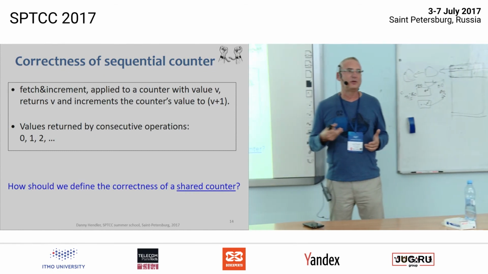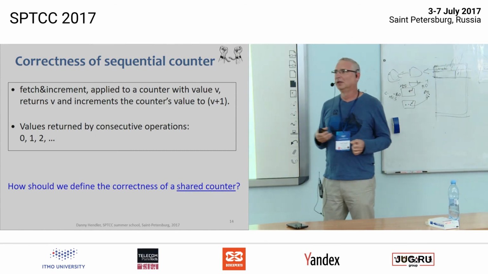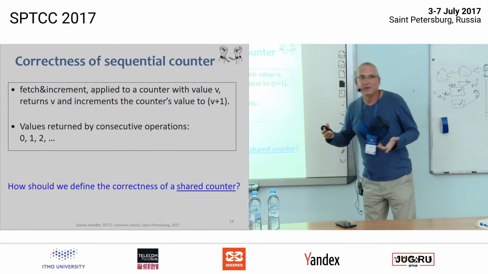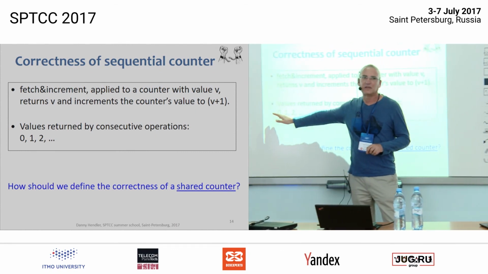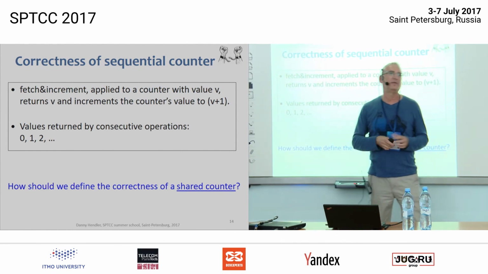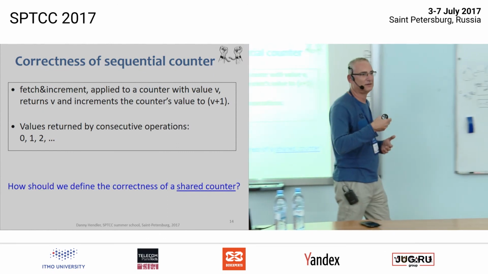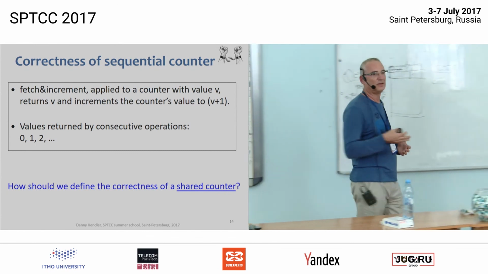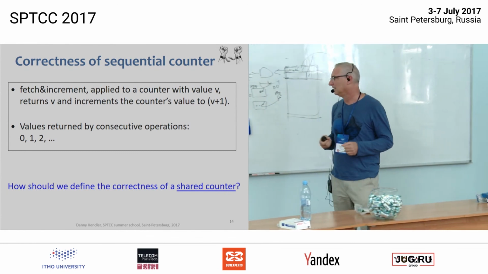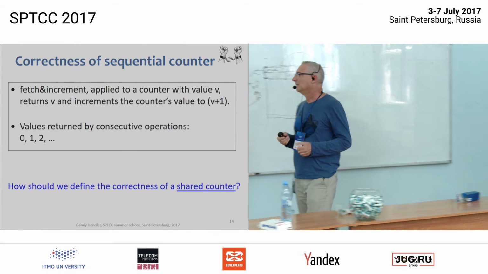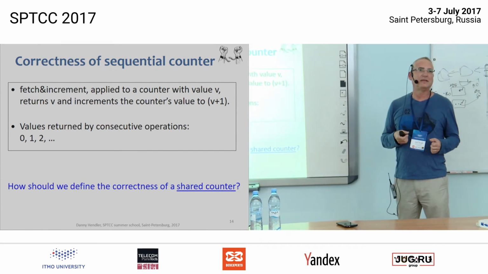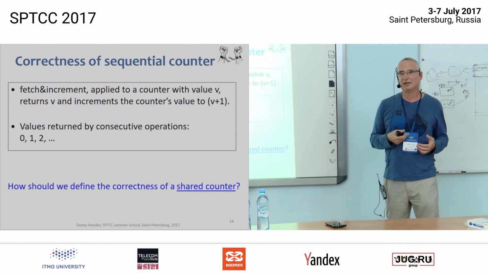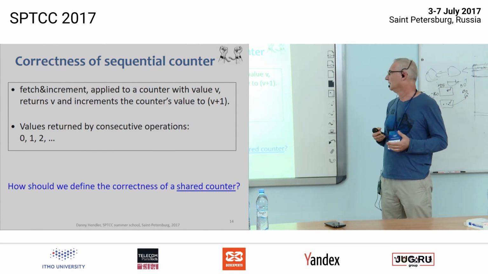So if we consider a sequential counter, then we expect the counter to return contiguous integer values starting from, say, 0. So the first call to fetch and increment will return 0, the next call will return 1, then 2, etc., etc.